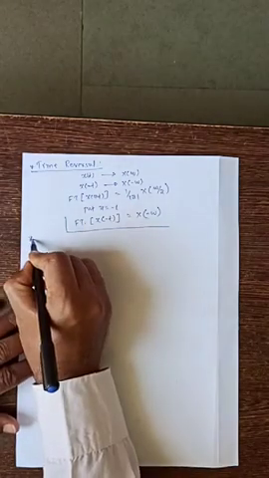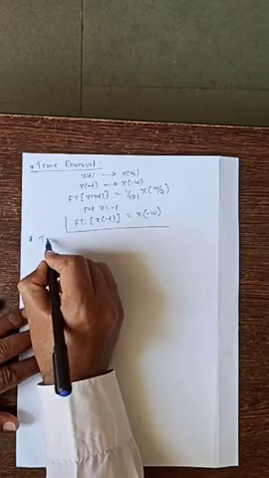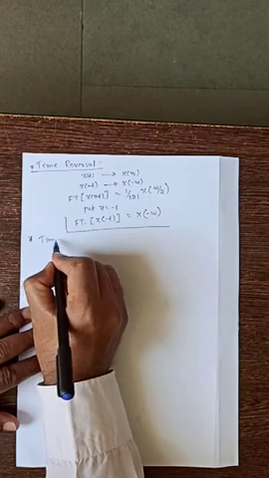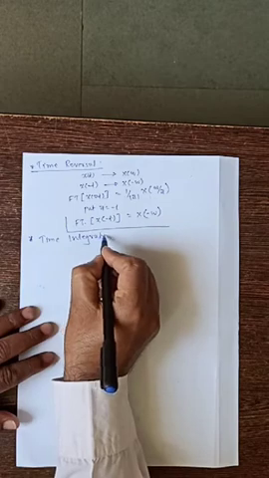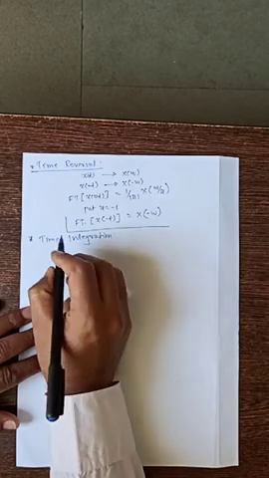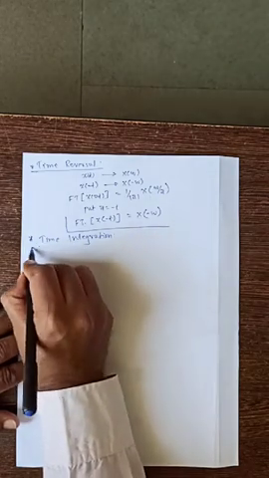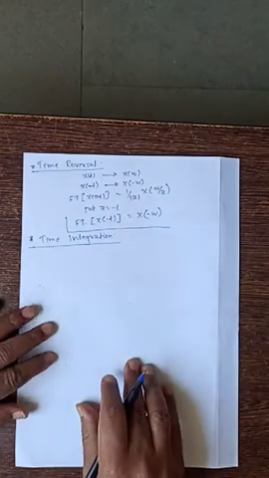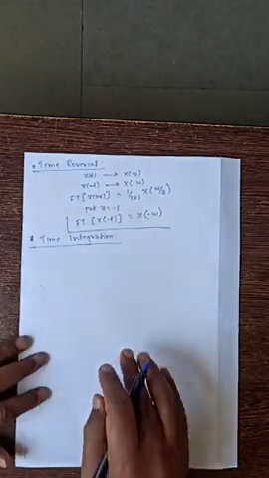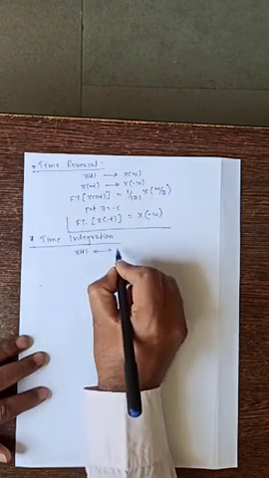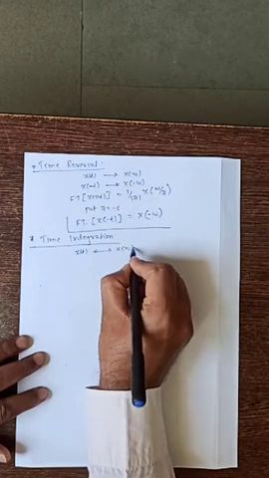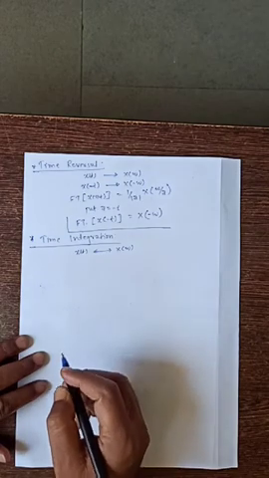The next property that we are going to undertake is time integration. That is integration in the time domain of x(t). What is its effect in the frequency domain? So just see once again, x(t) is the signal, its Fourier transform is equal to X(omega).